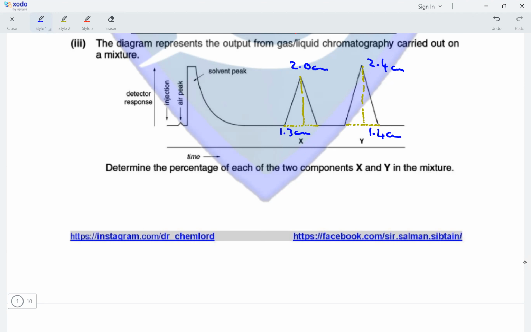Now that we have the base and the height of both the triangles, we should apply the formula for area of a triangle, which is half into base into height.